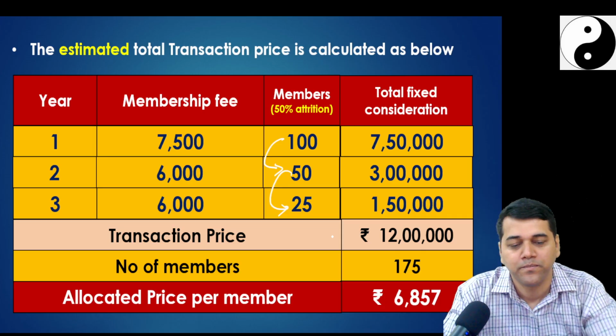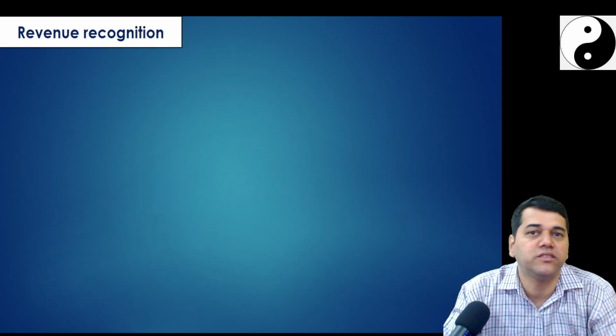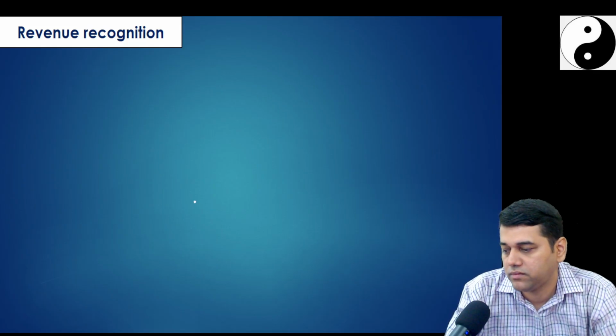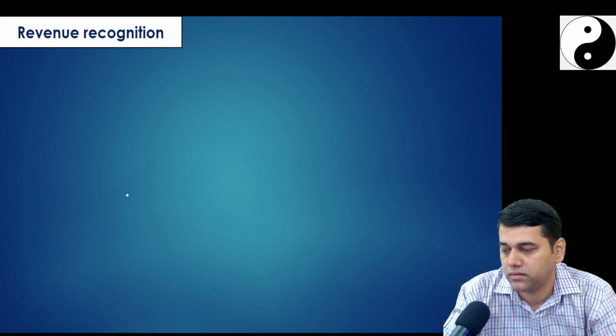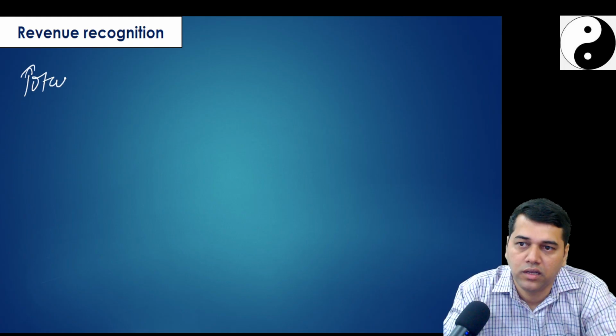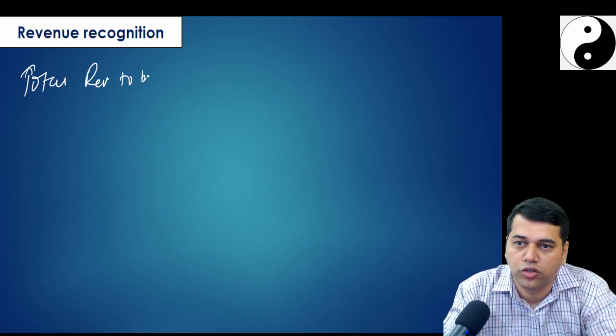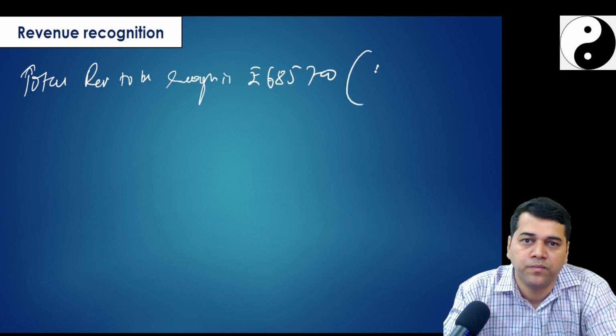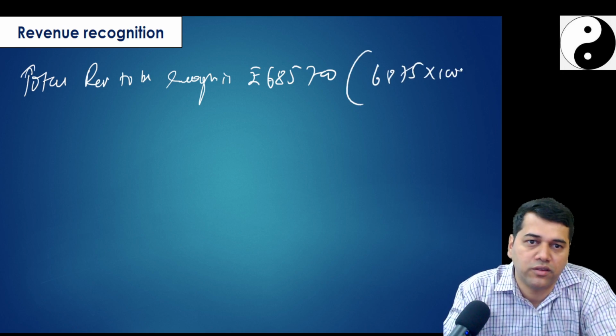Understood? Yes. So now, write the heading revenue recognition. How much you should recognize this year? So total revenue to be recognized is rupees 6,85,700. How? 6875 into 100 people.